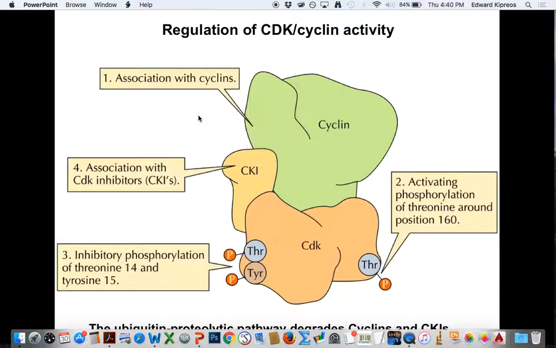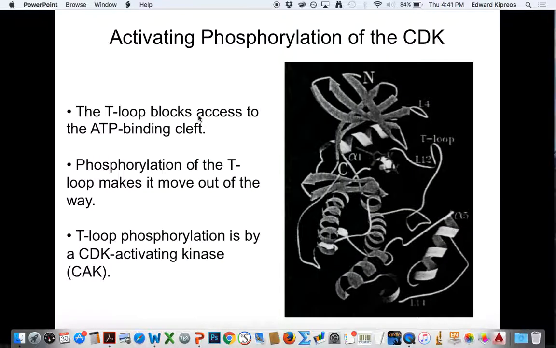Now I think we're going to talk about this inhibitory phosphorylation. The way this works is pretty straightforward. These are kinases, so they bind ATP, take the last phosphate from the ATP, and put it onto a substrate. The way the inhibitory phosphorylation works, it's a little bit hard to see here, but this is an ATP binding pocket.